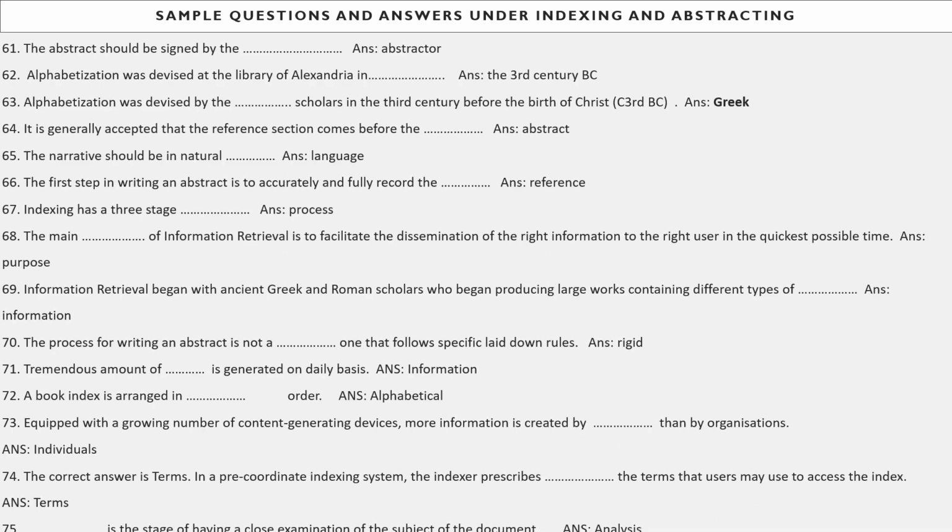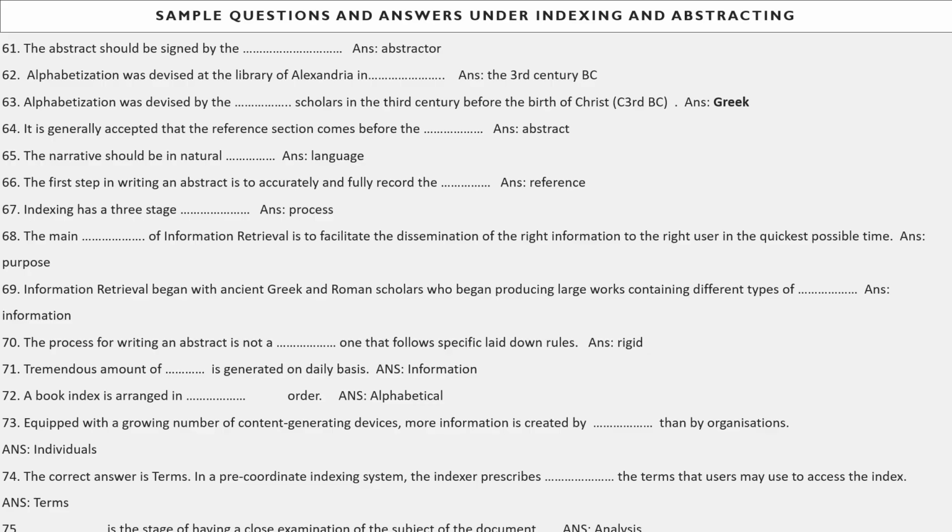Question number 61. To make sure the video is not too lengthy, we're going to keep some short because the answers are already written there. Question number 61. The abstract should be assigned by the abstractor.